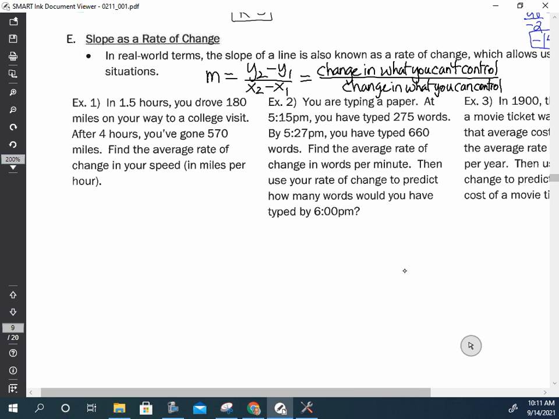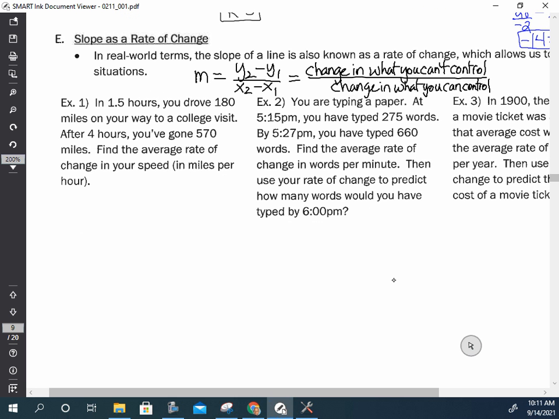Case in point, example 1. In 1.5 hours, you drove 180 miles on your way to a college visit. So, key information: in 1.5 hours, you drove 180 miles. After 4 hours, you've gone 570 miles. Find the average rate of change in your speed in miles per hour.